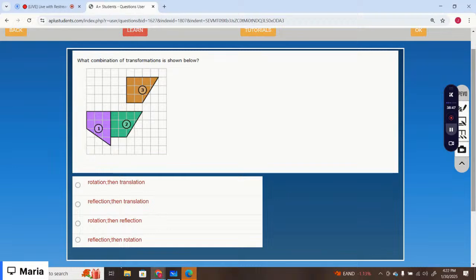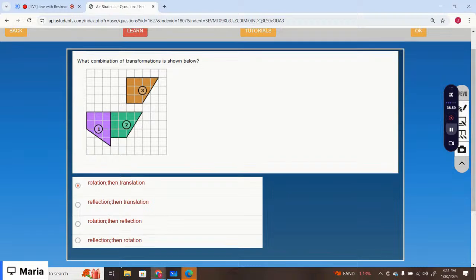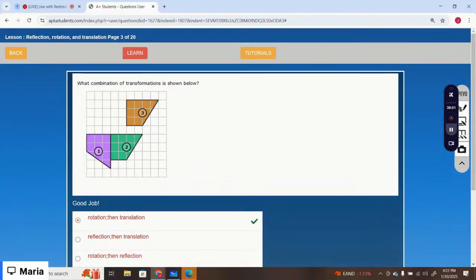From 1 to 2, that is the rotation, and from 2 to 3, that is the translation. Rotation and then translation. Option number 1 is the correct option.